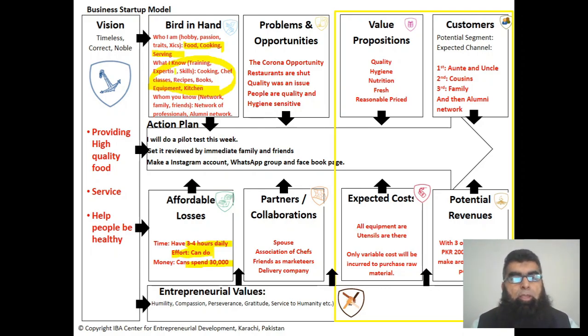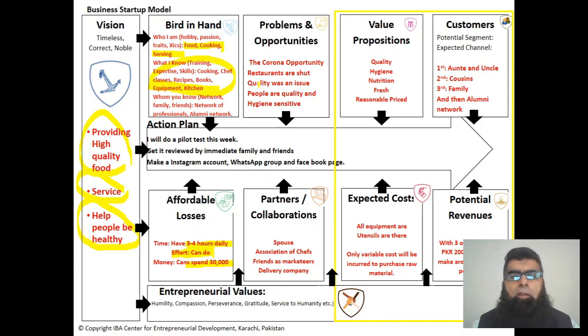So based on her burden and affordable loss and her vision to provide good quality food and high quality service and to help people to be healthy, she starts looking at the opportunities around her in this current environment. And she finds that the corona problem has led to an opportunity. The restaurants are shut and people have no access. They're cooking at home.